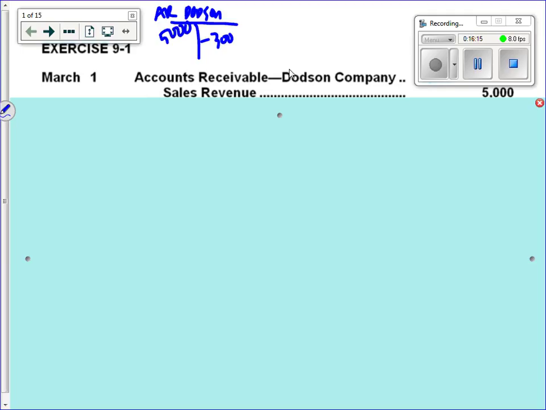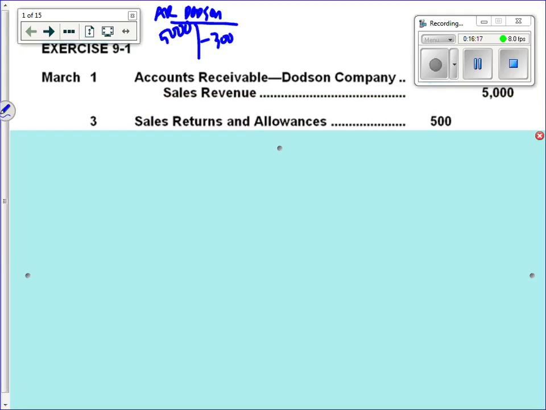Sales returns and allowances. And again, I'd like you to write somewhere next to that contra revenue. Notice revenue has a credit balance, so when we throw a debit in there, it's contradicting what happened. Who doesn't owe us as much money anymore? Dodson, so AR Dodson Company.